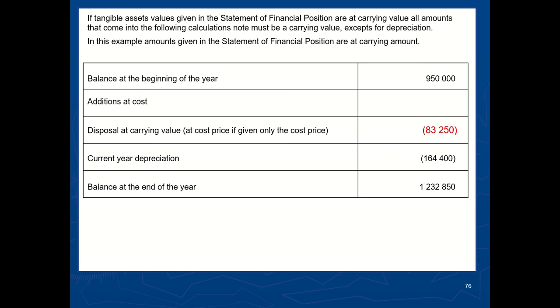The fact that our carrying value went up, guys, simply means that we bought another equipment. How do we calculate that? Which is the X that I showed you earlier. You will simply take the balance at the end of the year plus everything that you subtracted, plus your depreciation, which is 164,400, plus 83,250 minus 950, it'll give you X. X is 530,500, and that will be your additions at cost.